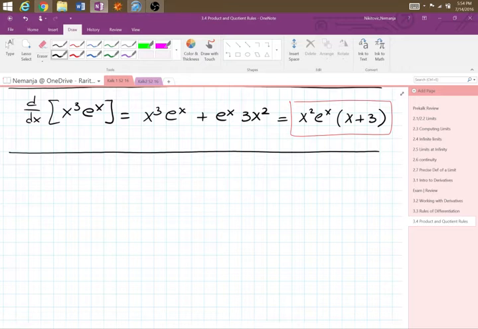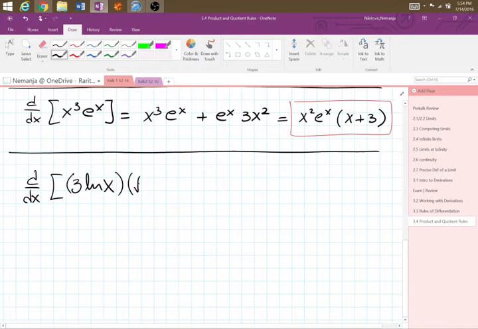Pretty much they're all the same. So let's see, how about this one? d dx of 3 ln x times square root of x minus 1. So what is the derivative of that?